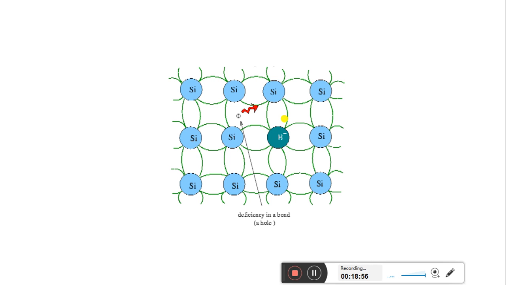They depend on what type of atom we use to dope the silicon. So that is about this lecture, where we have defined the conductor, insulator and semiconductor, and various types of semiconductors, and how we can create an n-type and p-type semiconductor. So that's about this lecture.